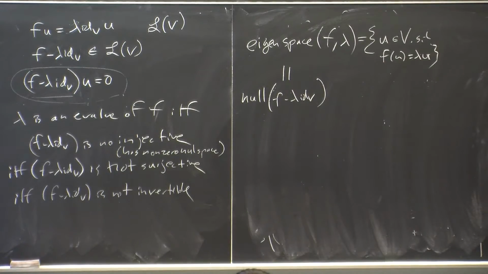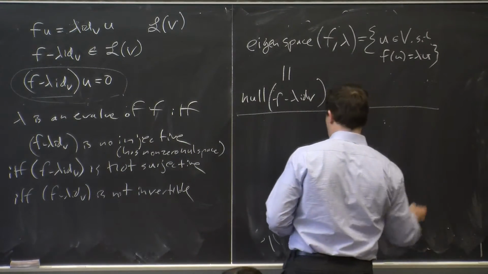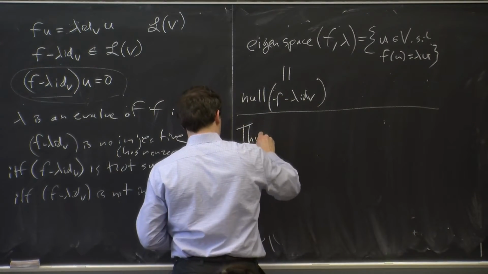So let's prove a few theorems about how eigenvalues and eigenvectors interact and what they tell us about a linear operator. So the first of those is this one.